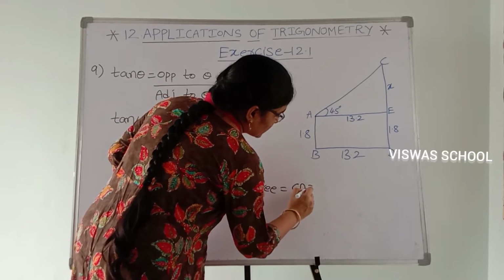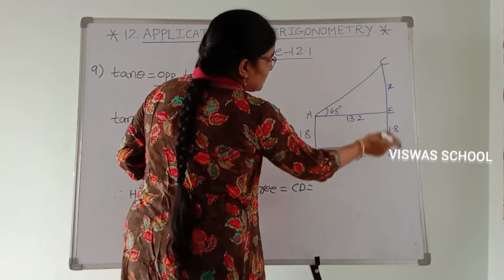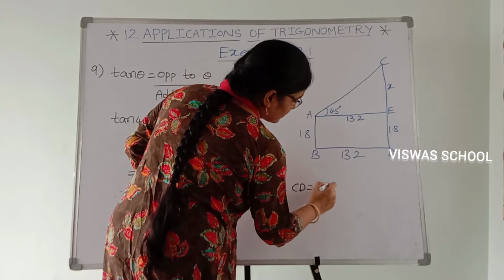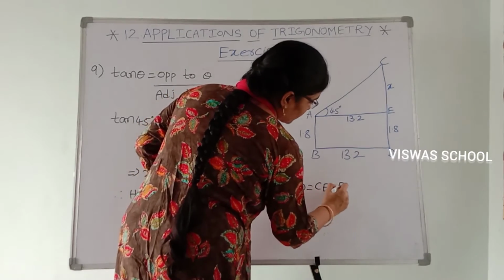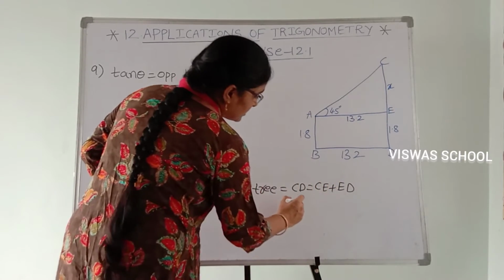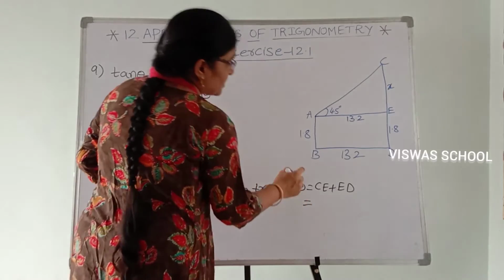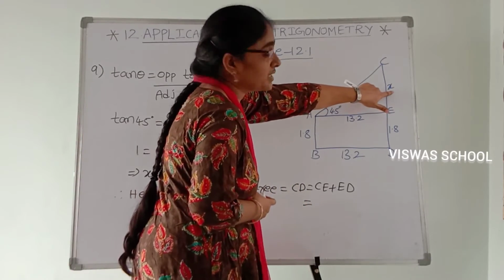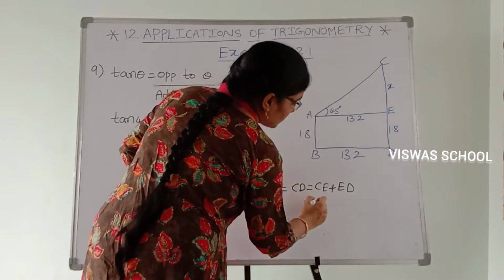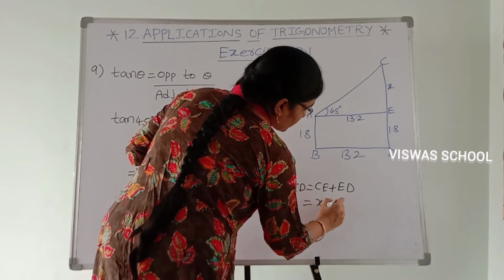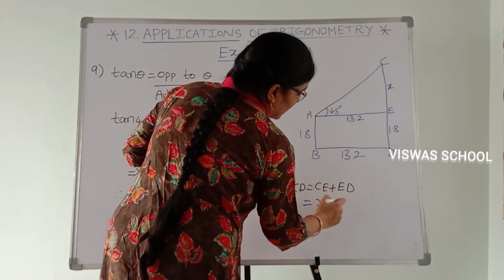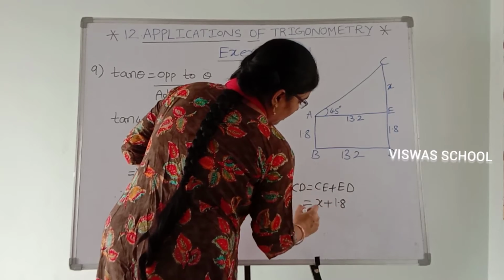CD is equal to CE plus ED. CE is X, so it is X plus ED. The ED value is 1.8.